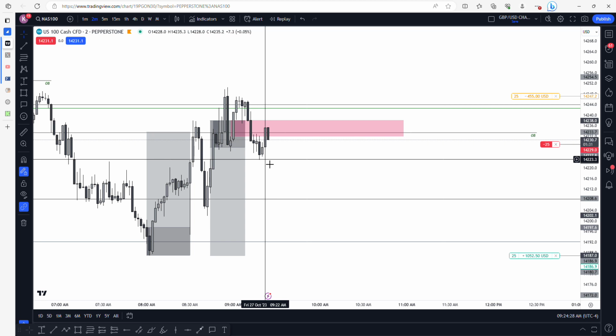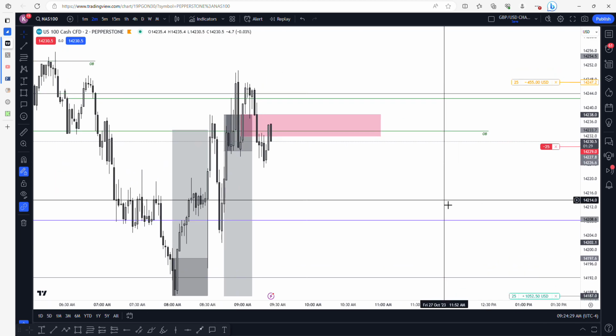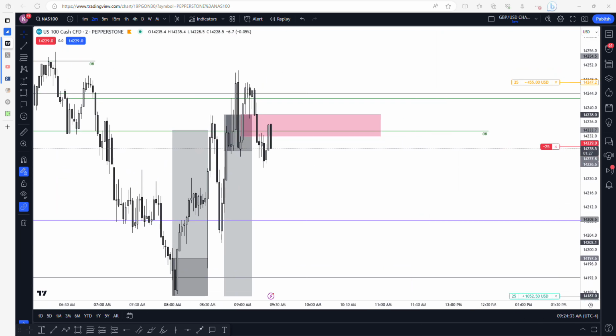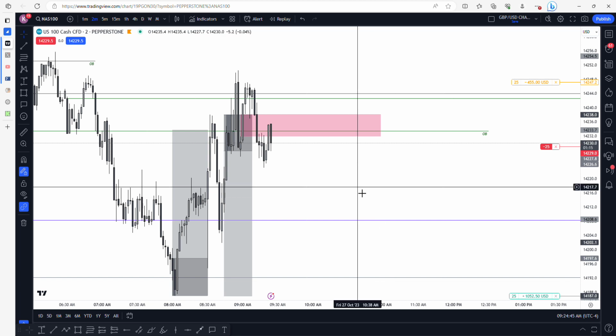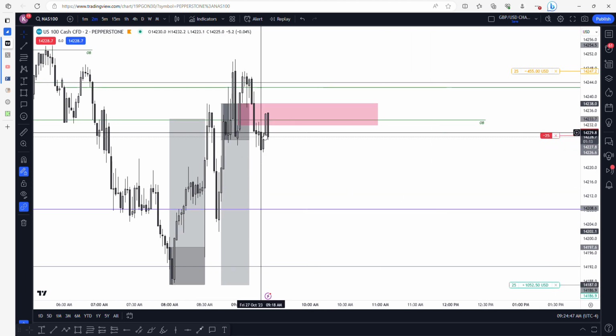If we break this low, we should be good. I say should because price has been fucking around lately. It's reacting to this.